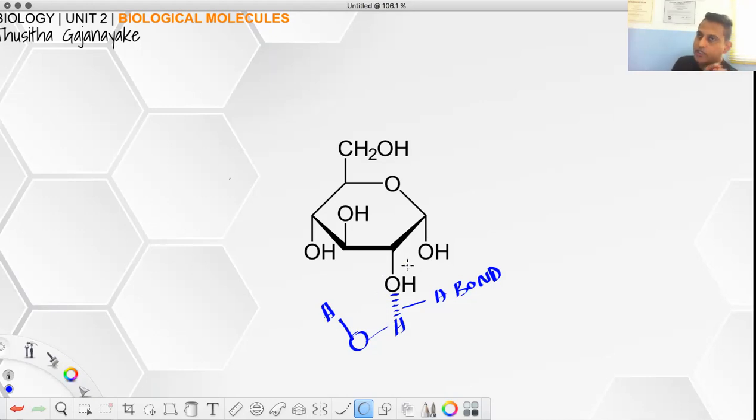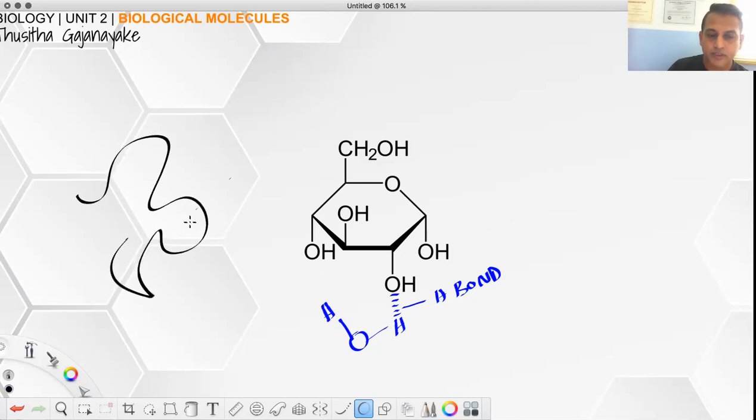But when we talk about starch, a big molecule, they make a hydrogen bond between the OH groups. So let's say this is the starch molecule. It's quite a big molecule, so it can make hydrogen bonds. The OH groups of one glucose make a hydrogen bond with another OH group like this.